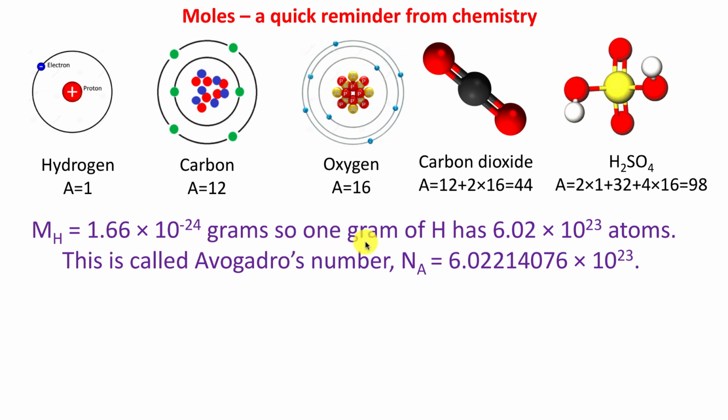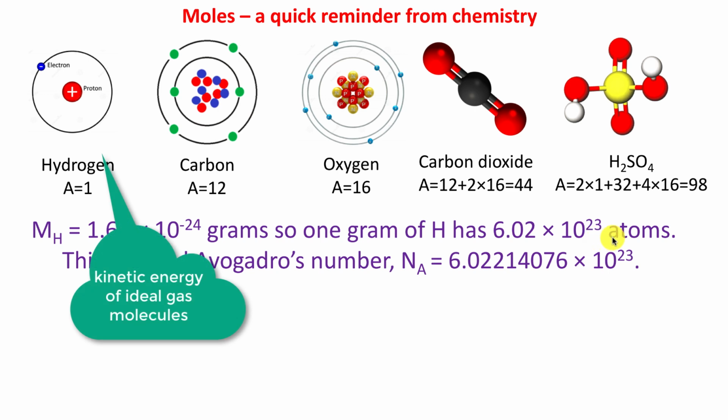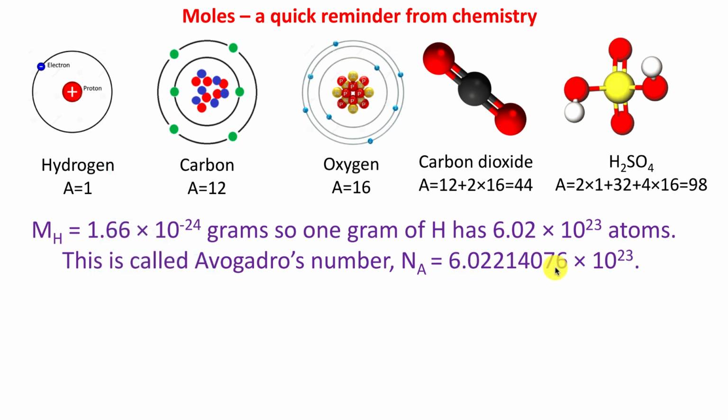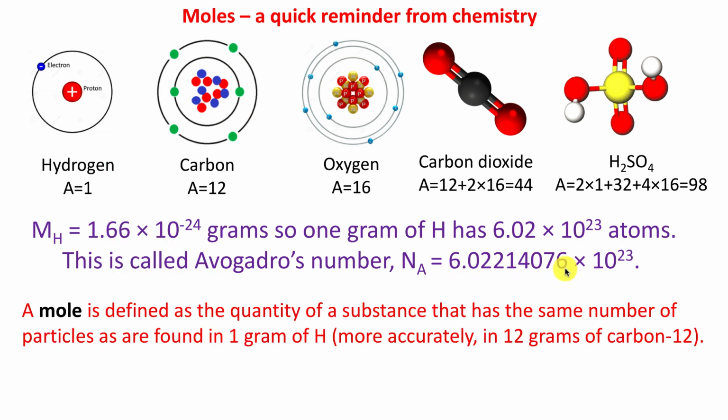That means that in 1 gram of hydrogen, there are going to be so many atoms: 6 times 10 to the power 23 atoms. This is what is called Avogadro's number, Na. And more accurately, it is this. This takes us to the definition of mole.